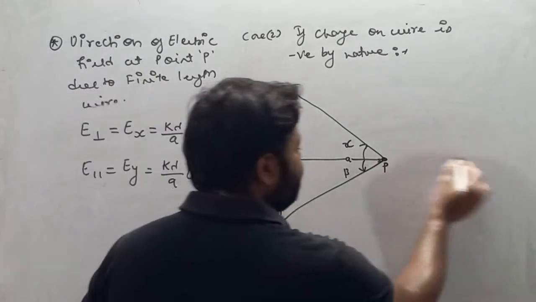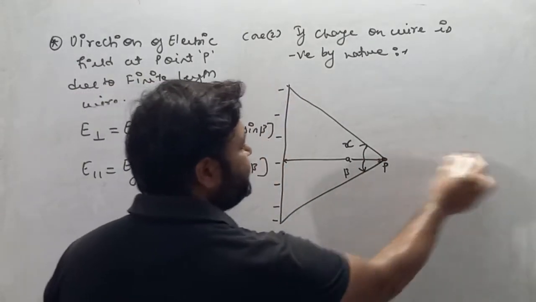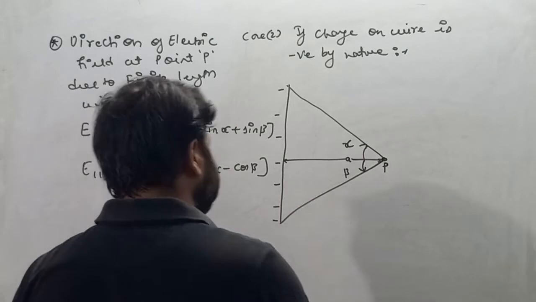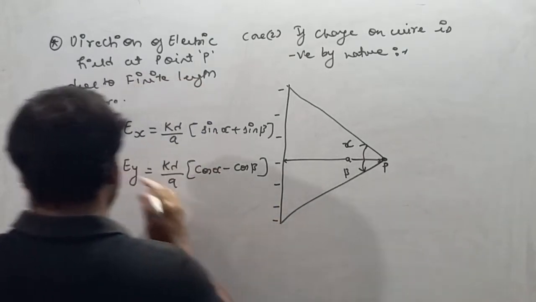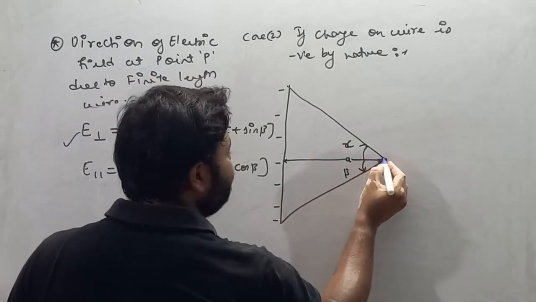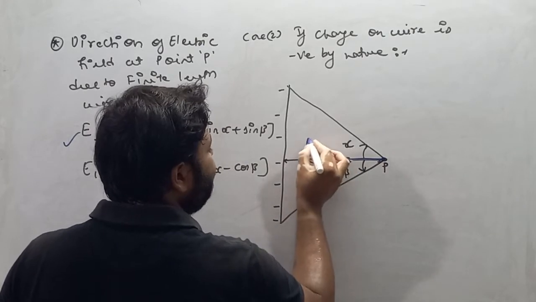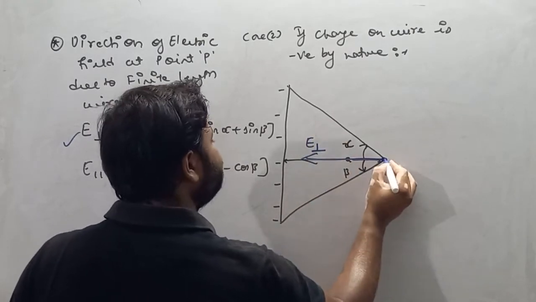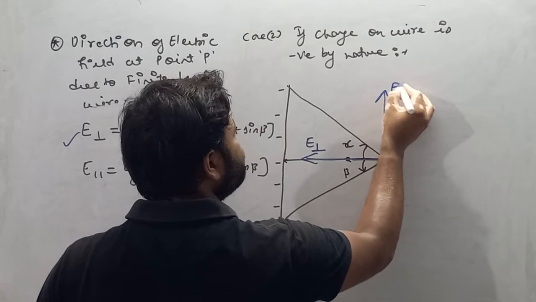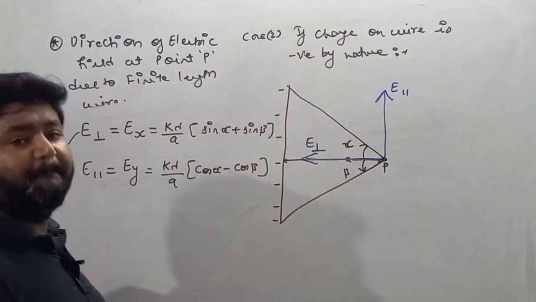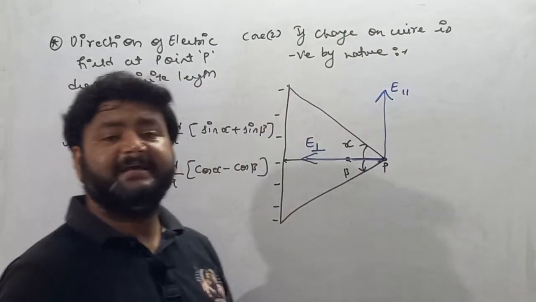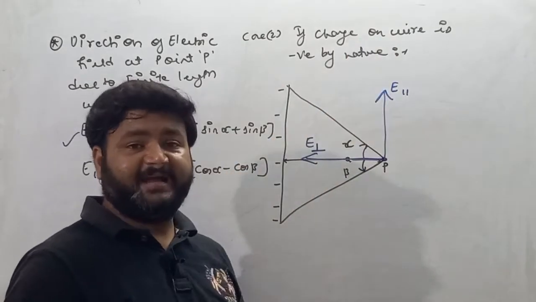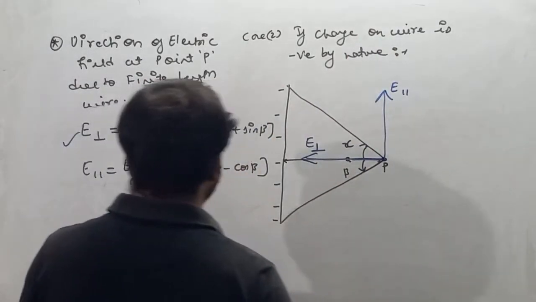So existing direction was, if charge is positive, away; now electric field along x-axis, which is also called perpendicular electric field, is towards the wire, and the direction of electric field along y-axis is in upper direction, or we can say is in positive y-axis, and its magnitude remains same.